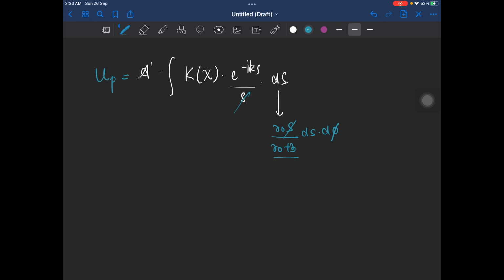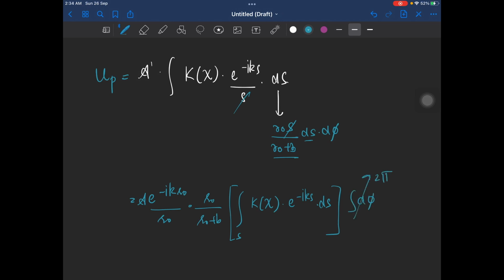We have this thing. Now the integral of d phi is basically 2 pi, right?